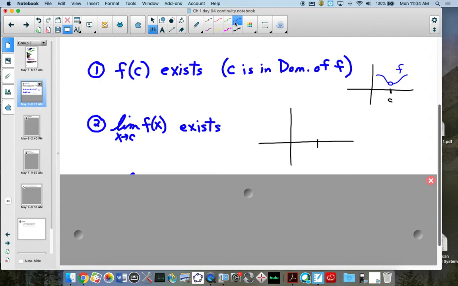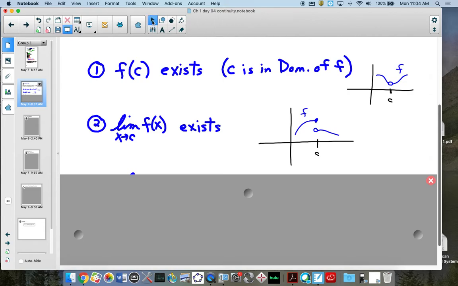So we could have something like that. So here, f of c does exist, so the first test passes, but it doesn't pass the second test. The limit does not exist because the right and left hand limits are different.